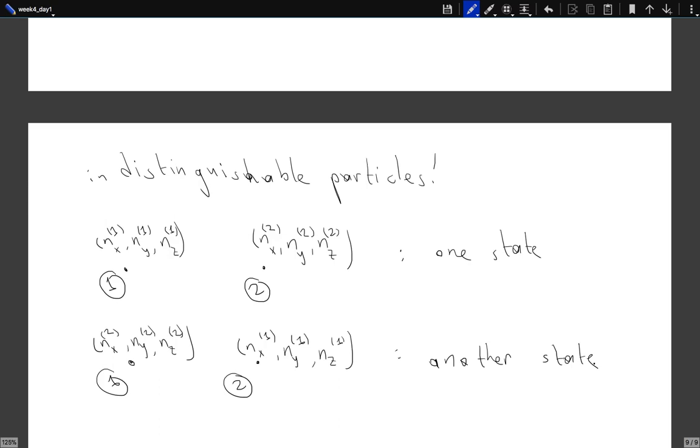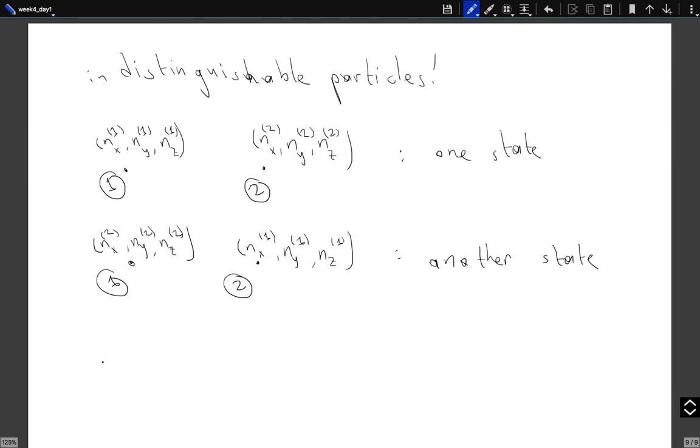So if these two particles are different particles, these two configurations correspond to two different microstates, so we should count them as two. But if these two particles are identical and indistinguishable, we cannot really say which one is in which state. So these two configurations are in fact one microstate. So that's basically the mistake we made in our counting.